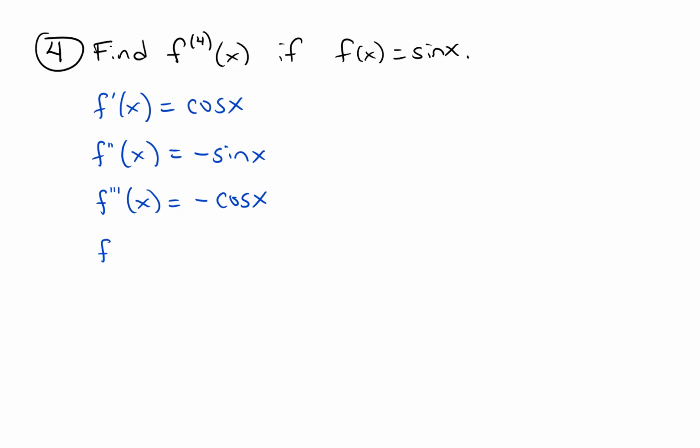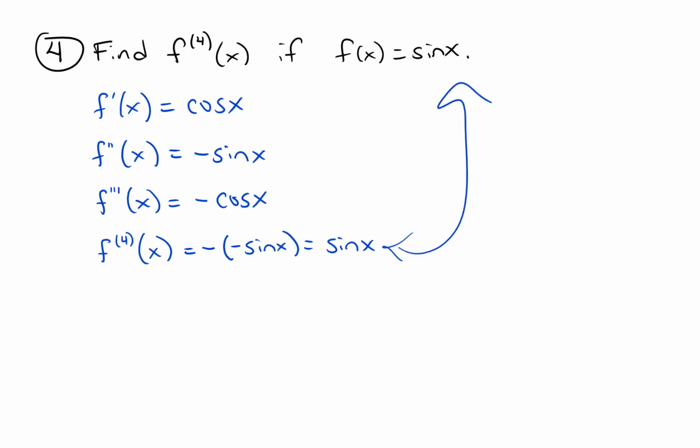And then our fourth derivative, negative comes down. Derivative of cosine is negative sine of x. So that just simplifies to sine of x, which, check it out, that's the function we started with. So the derivatives for sine and cosine, it turns out, are very cyclic. They repeat every fourth derivative, which is pretty cool.